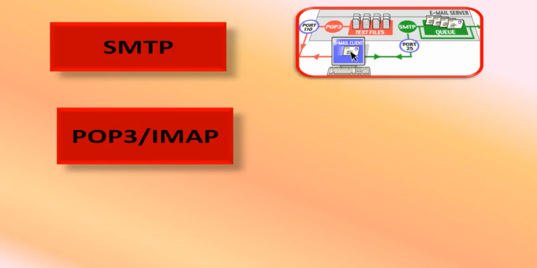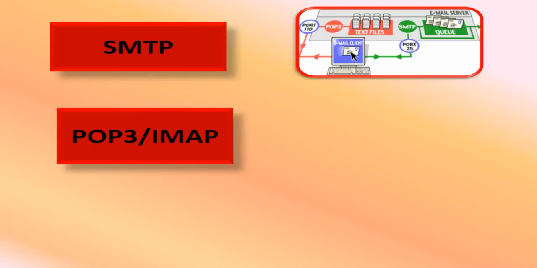POP3 stands for Post Office Protocol. This type of protocol is a standard mail protocol used to receive email from a server to a local email client. It allows us to download email messages on our computer and read them when we are offline.